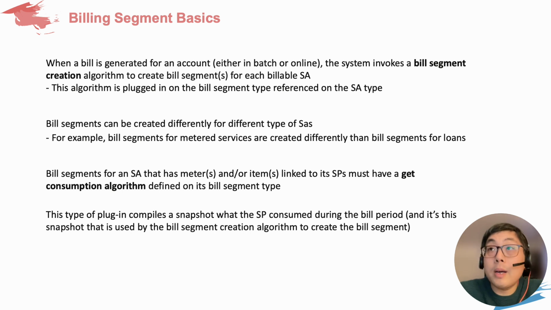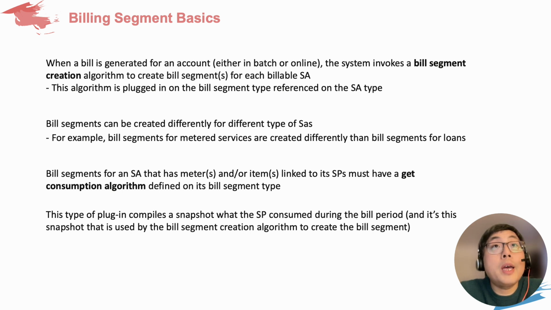As we said, each SA stands for a service. There could be different types of services, could be a consumption-based service, could be a loan, as we mentioned here. So different bill segments can be created, and the creation of the bill segment is defined in the algorithm above.